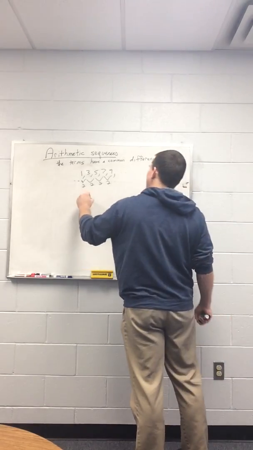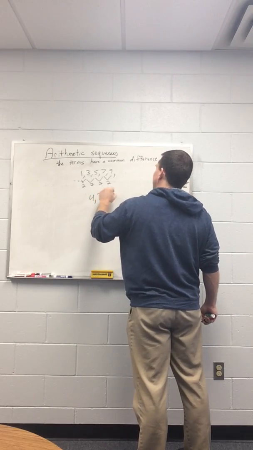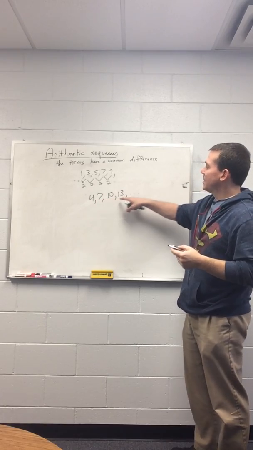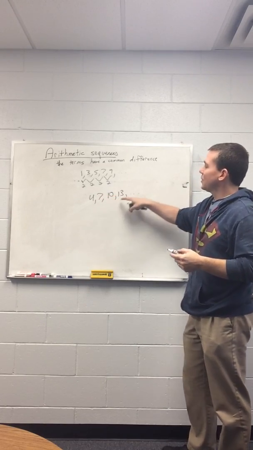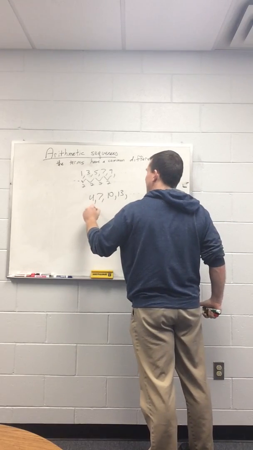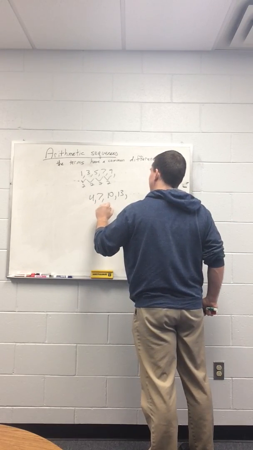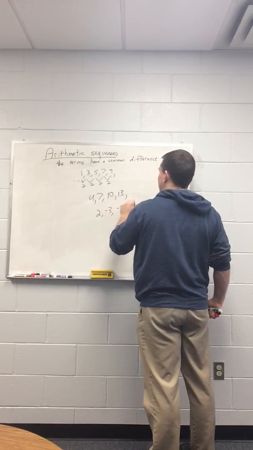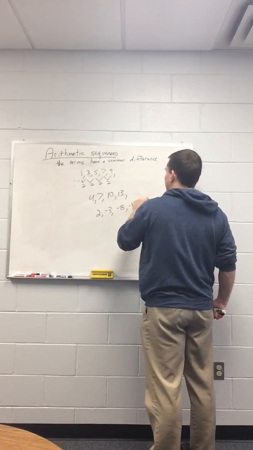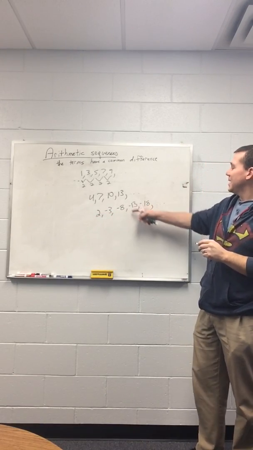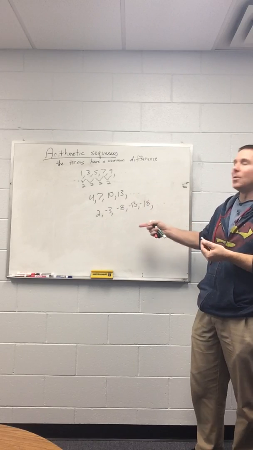So we could have something like, again, 4, 7, 10, 13. Each of the terms differ by 3, so it's arithmetic. You can also go with something like this: 2, -3, -8, -13, -18, and so on.